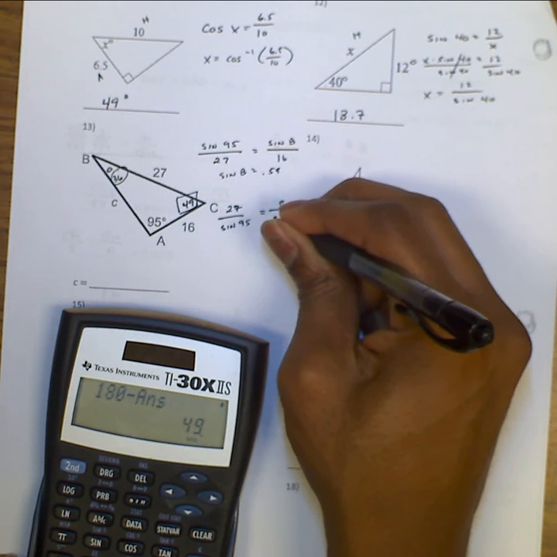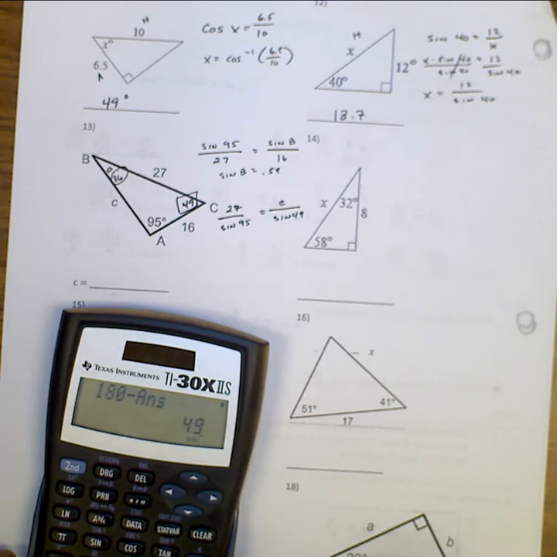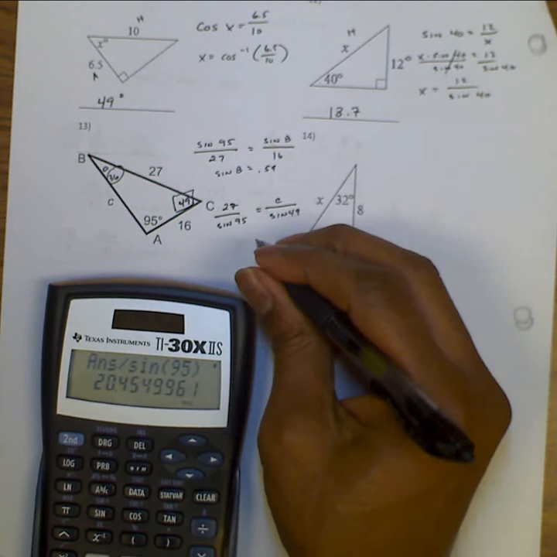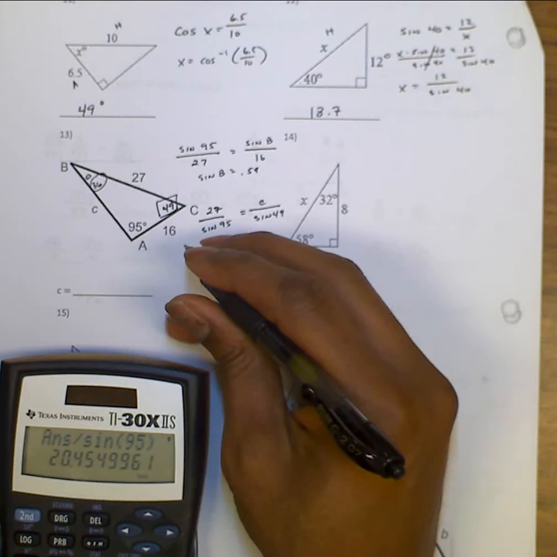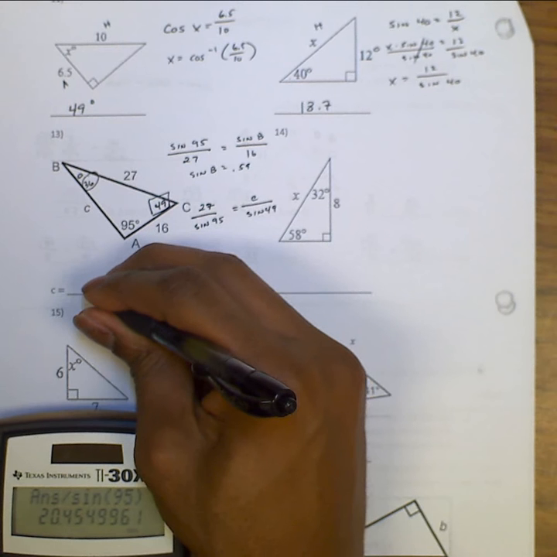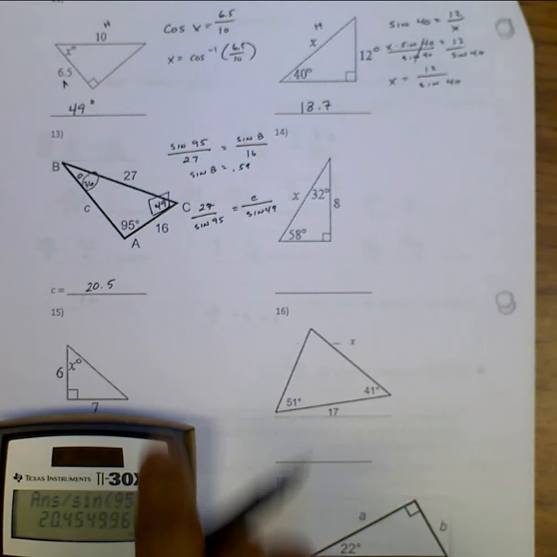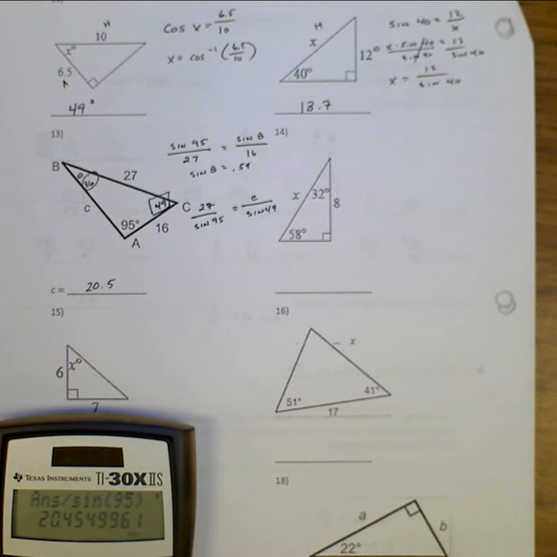I can cross multiply, and so I'll get 27 times sine 49 divided by sine 95. That should give me my answer of 20.5. Okay, so here wasn't a right triangle, so we had to use law of sines.